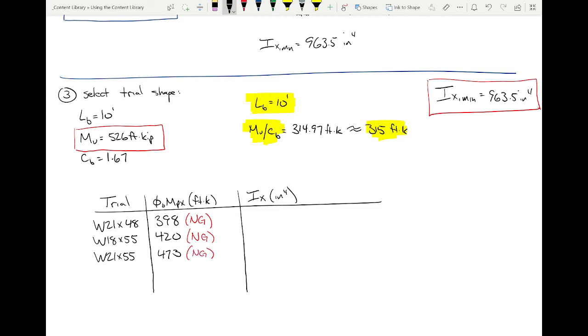Still not good. All right, what about the next one? Say it again. W18 by 60. What's its phi and P?